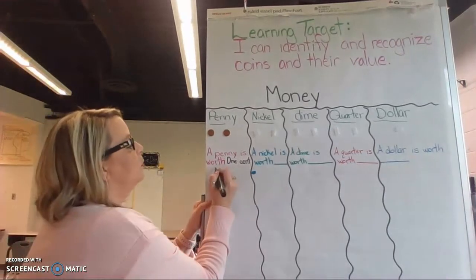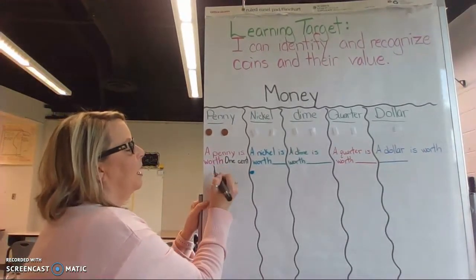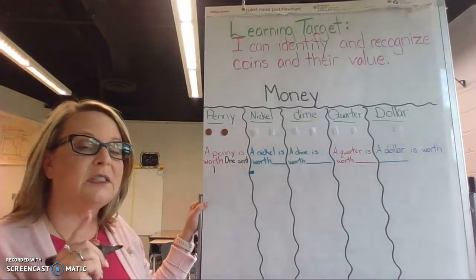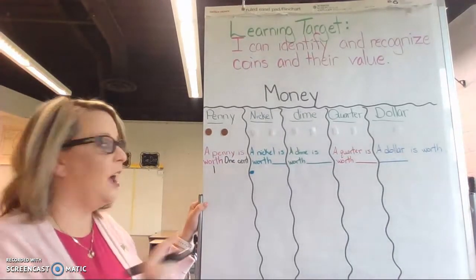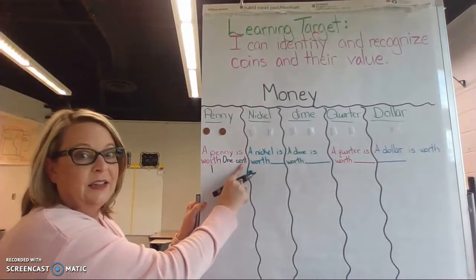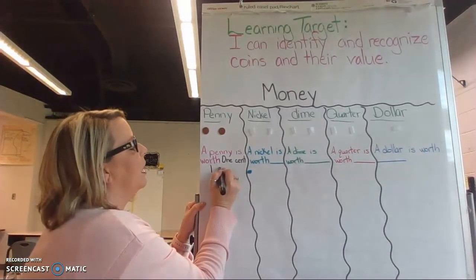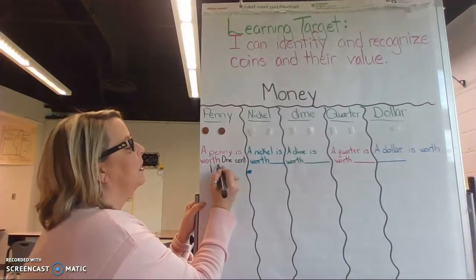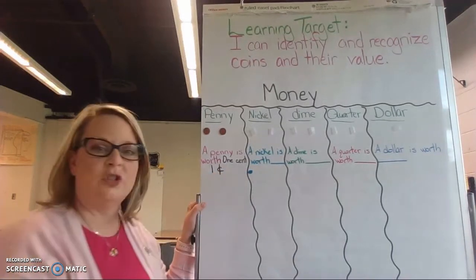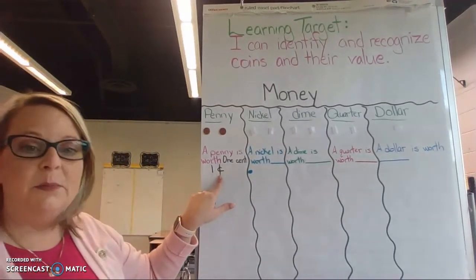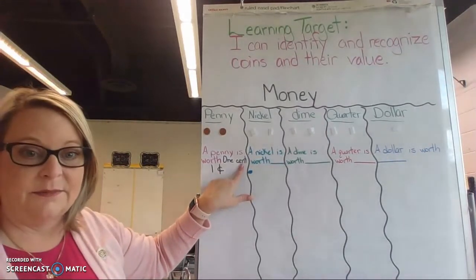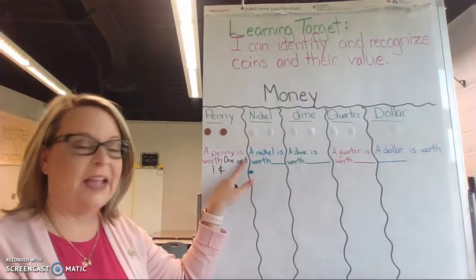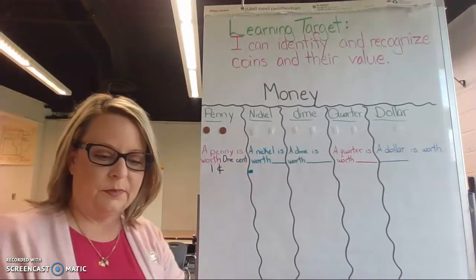I can use the numeral 1, and then I have a special symbol for the word cent. I don't have to write out C-E-N-T. I can write a lowercase c and a line straight through it. And that symbol means the same thing as the word cent. All right?